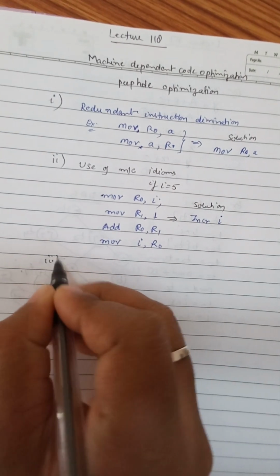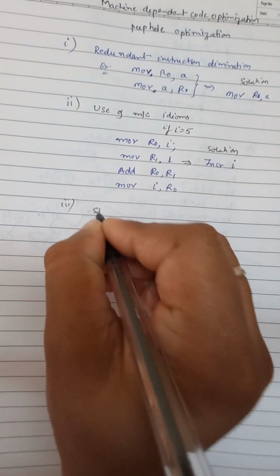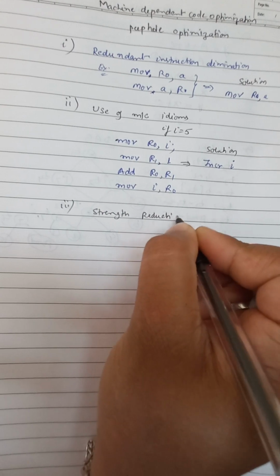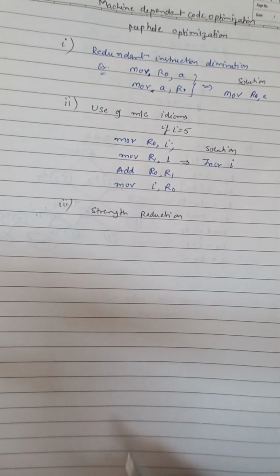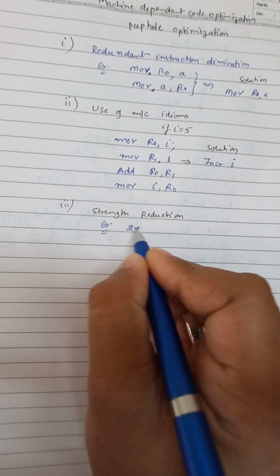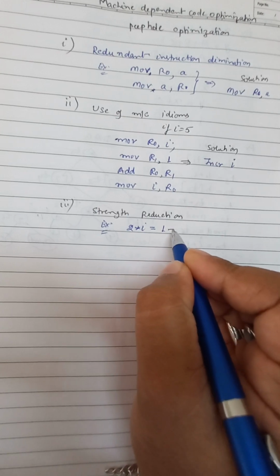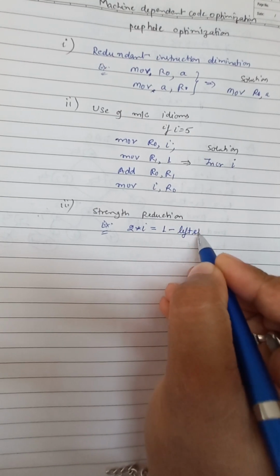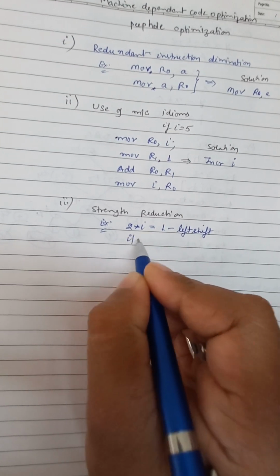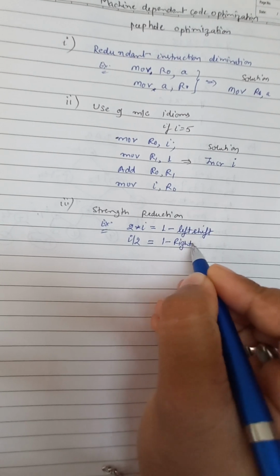Another thing is strength reduction. We understand this with the help of an example. Suppose we are writing 2 into I. Instead of this, what can we write? For multiplication, left shift, and for I by 2, right shift.